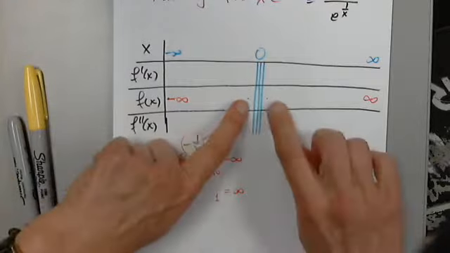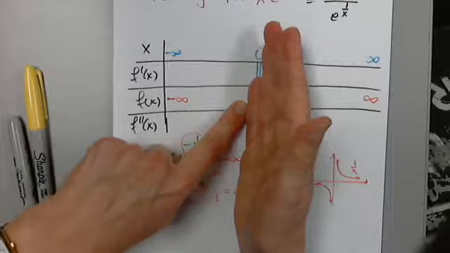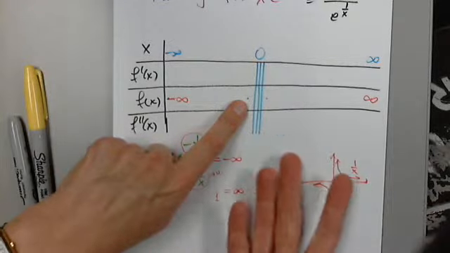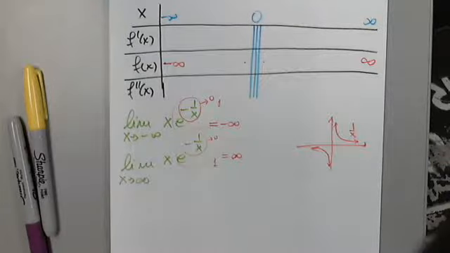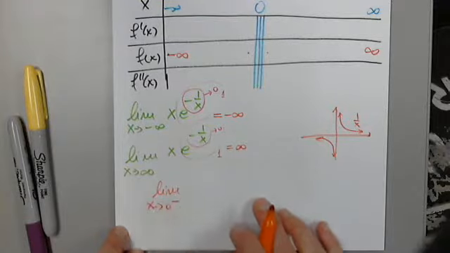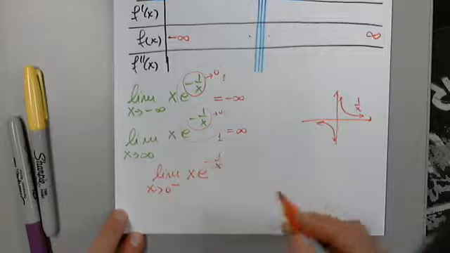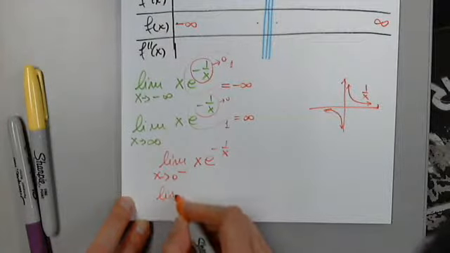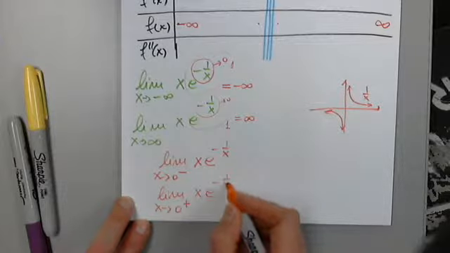Okay, now let's determine the limits left and right, because obviously this appears to be a vertical asymptote, so I have to determine these limits. Maybe it's a hole. I don't know. So limit as x approaches 0 from the left of x times e to negative 1 over x, and the other one, as x approaches 0 from the right of x e to negative 1 over x.